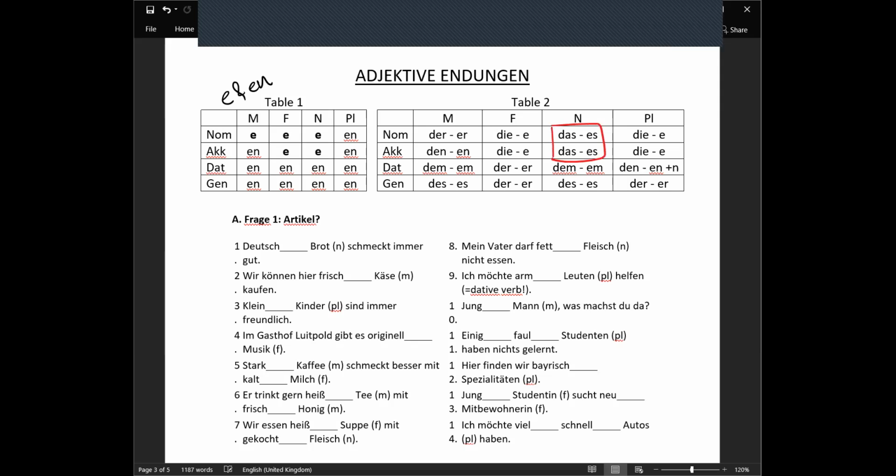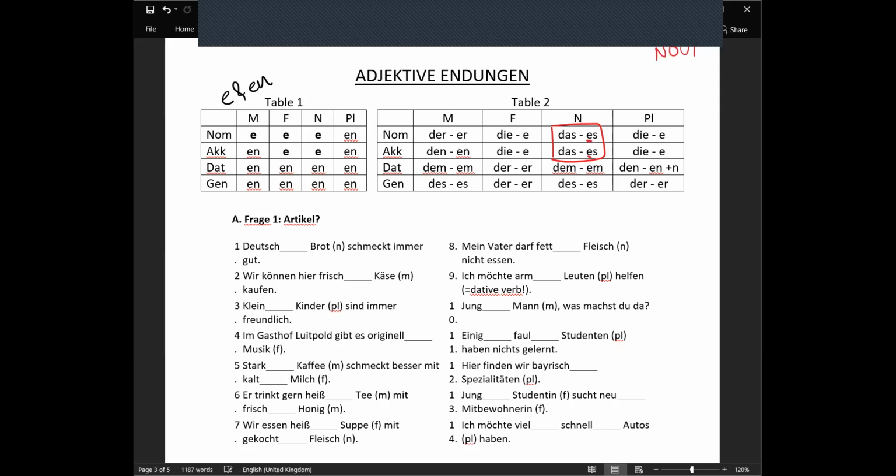For the rest, what I've done basically is that I've extracted either the last two characters or just the last character for some of these articles. For neuter, I had to change the das to es. Okay. Now, don't think of adjective Endungen as tables that you have to memorize or anything. Instead, think of it as the indicator for the noun.